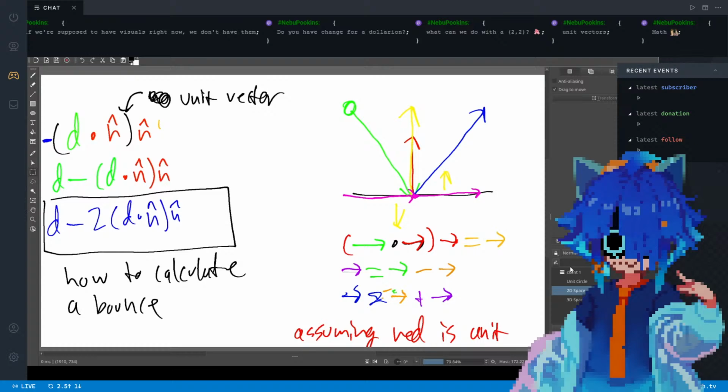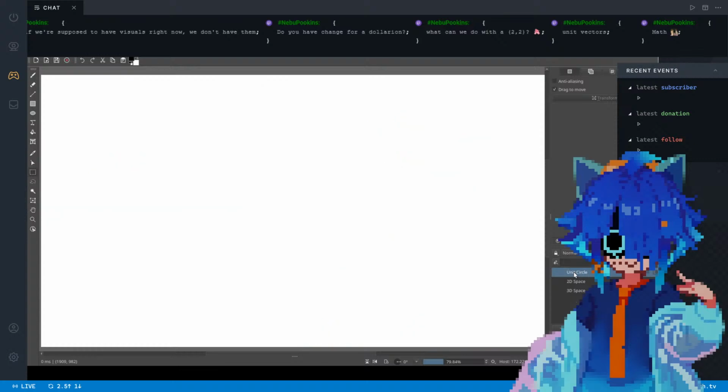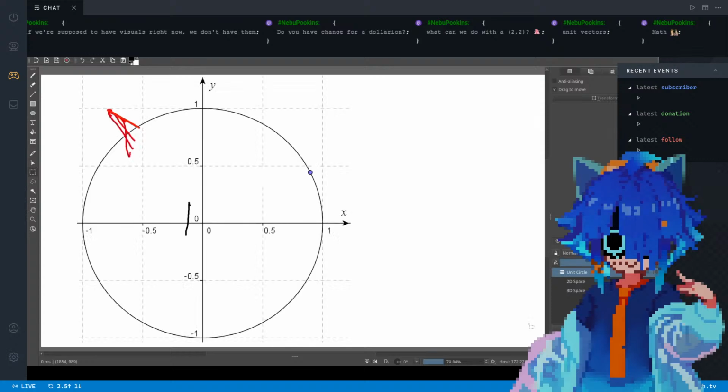Whew. So it's now time to move on from talking about vectors for a moment, and we're going to start talking about angles. So what is an angle?